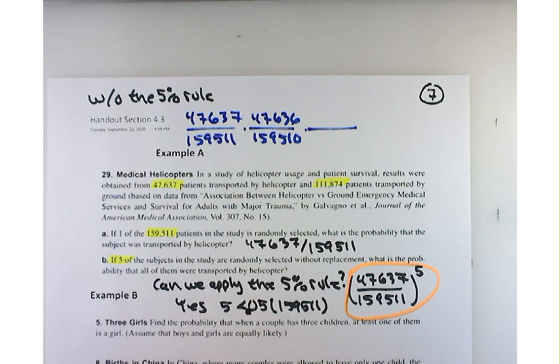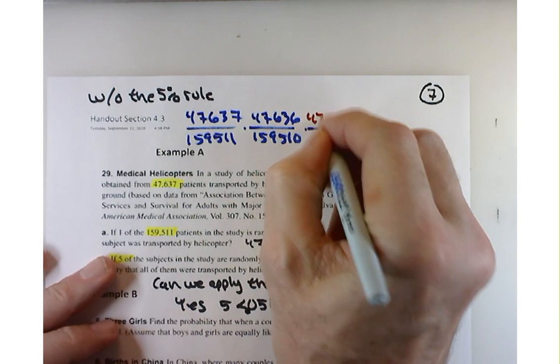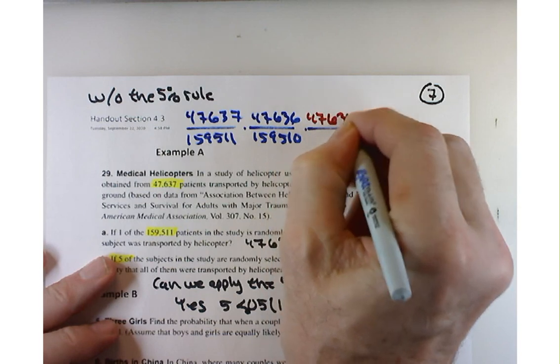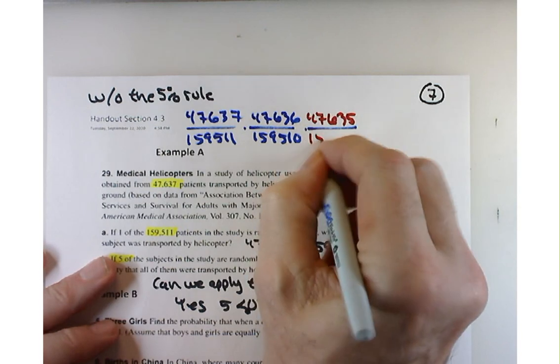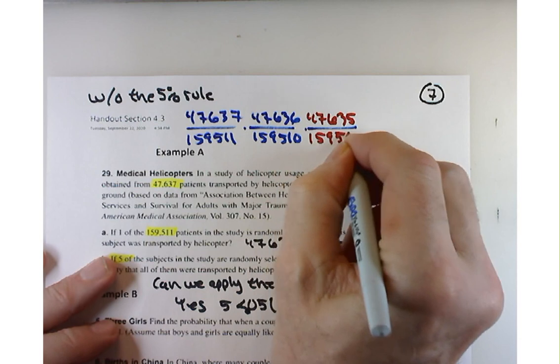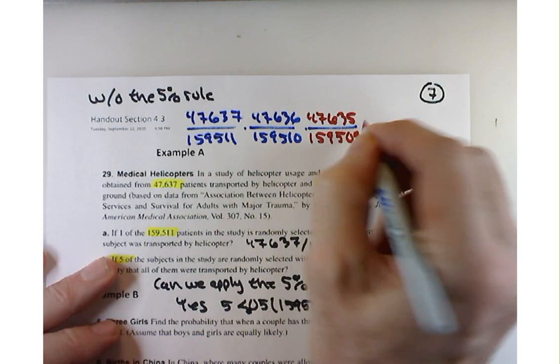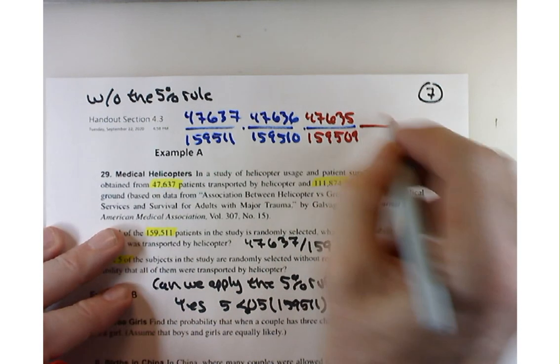And then we took another one out, right? So now it's 47,635 over 159,509. And then we keep going twice more.